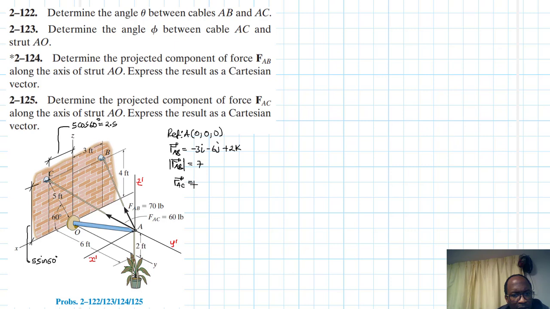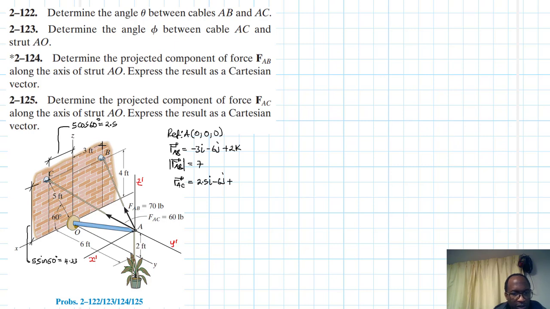So RAC is going to be equal to, the x component is 2.5i positive, the y-axis is -6j, the z-axis is 5 sin 60, which is 4.33.